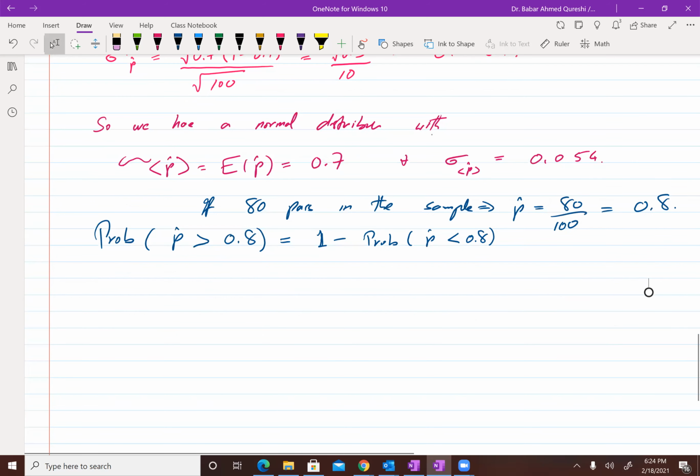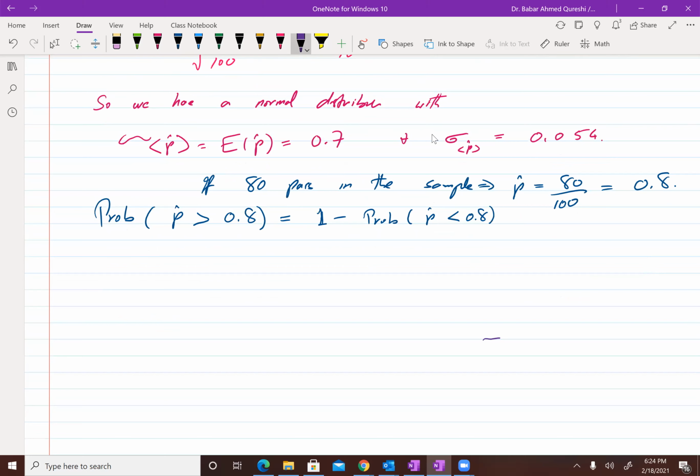Well, let me draw, it will be clearer. Less than or equal to 0.8. Since it's continuous, you don't really need to put equal. Less than and less than or equal are all the same. So this is the probability. It's something like this, centered at 0.7.